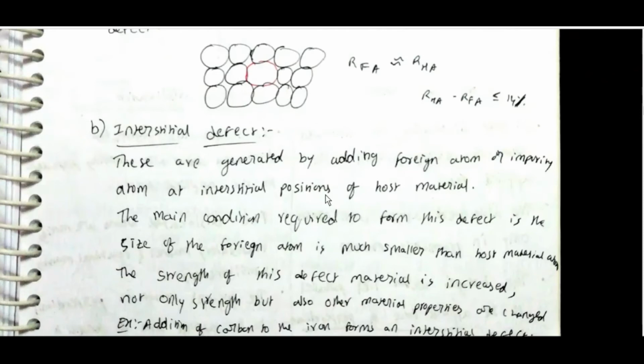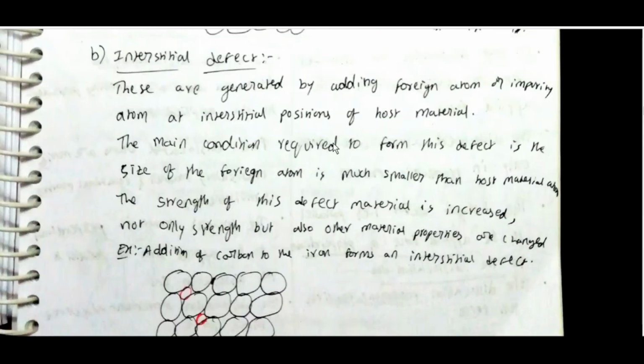Interstitial defect. These are generated by adding a foreign atom or impurity atom at an interstitial position of the host material. The main condition required to form this defect is that the size of the foreign atom is much smaller than the host material atom.